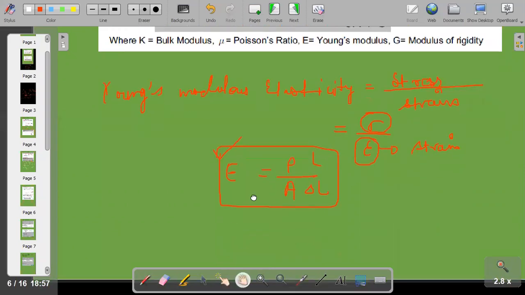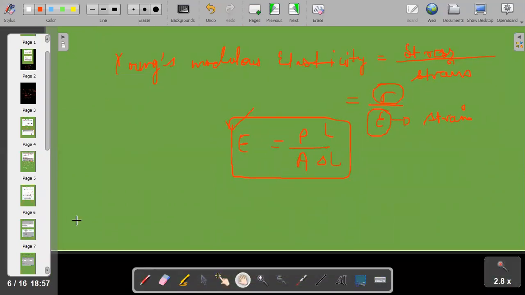Let's do a question for the Young's modulus of elasticity.